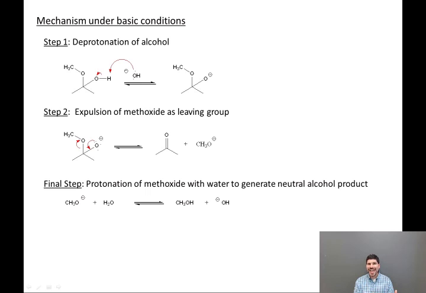Again, this is an acid-base reaction with an equilibrium constant very close to 1, so we're drawing this with equilibrium arrows, to generate as products methanol, neutral, and regenerating hydroxide, which is what we used in the first step of the mechanism.